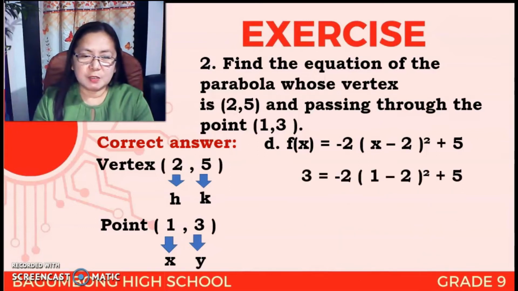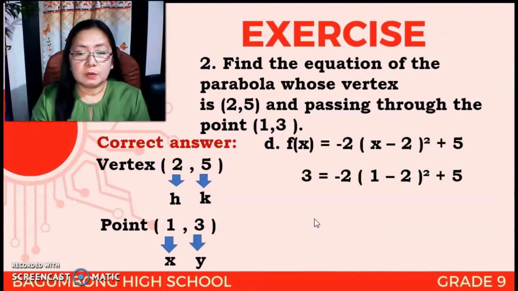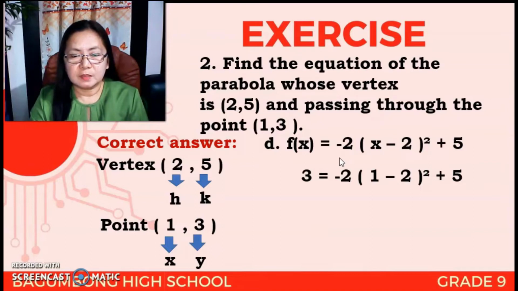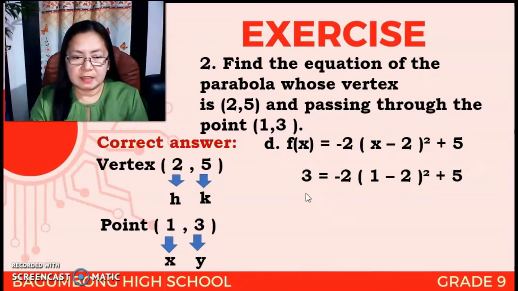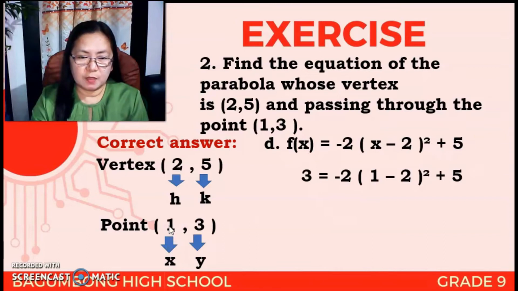Substitute in the quadratic function f of x is equal to negative 2 times the square of x minus 2 plus 5. Replace f of x or y with 3. This one: negative 2 times the square of x, which is positive 1, minus 2, plus 5. Simplify.